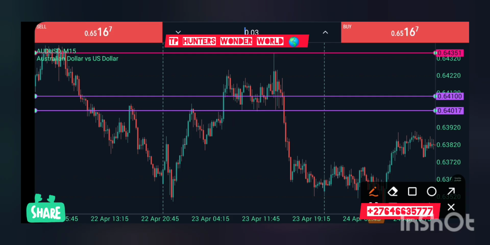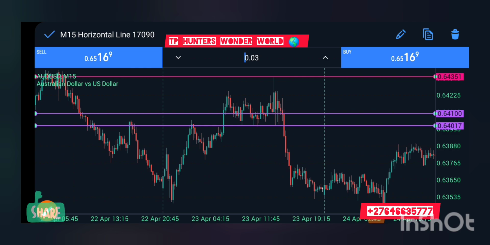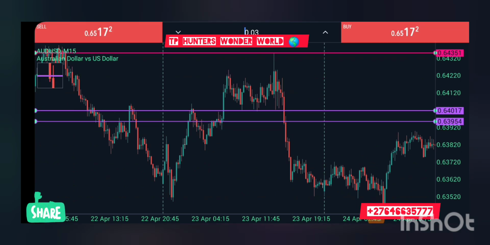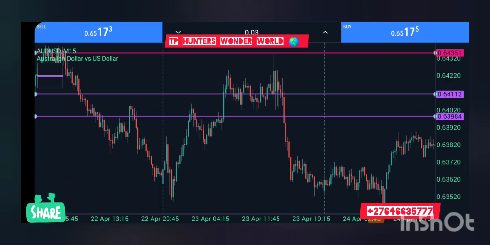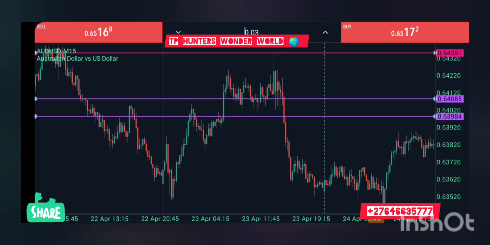A fair value gap, it's a gap between the last candle. Okay, I'm wrong. This one, and a fair value gap, it's a gap between candle close and, I'm not sure, let me see.